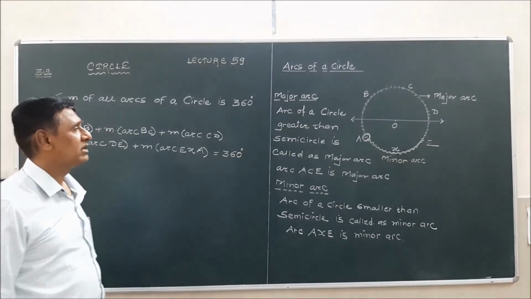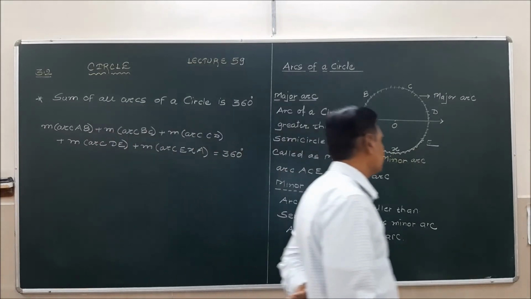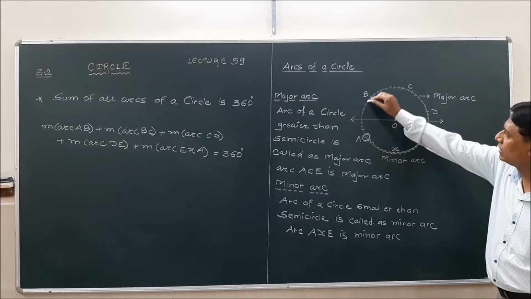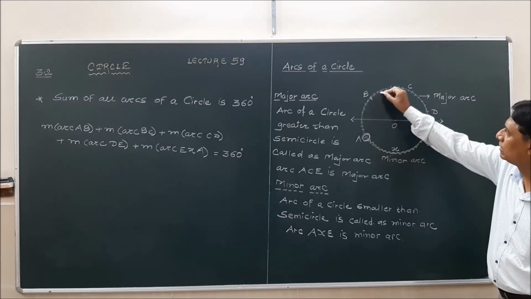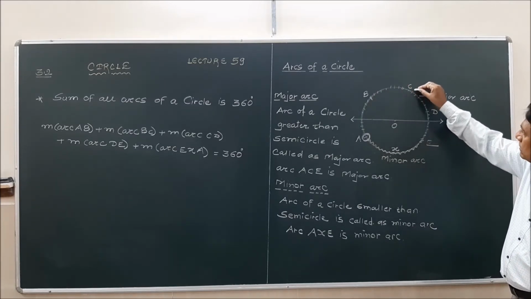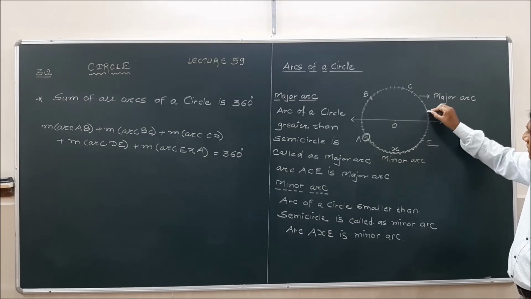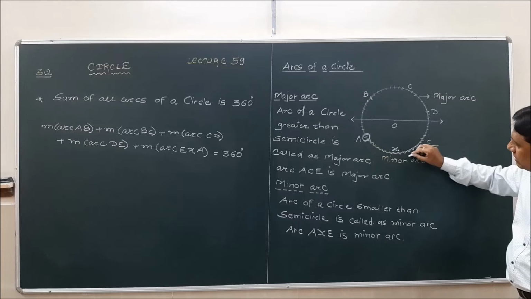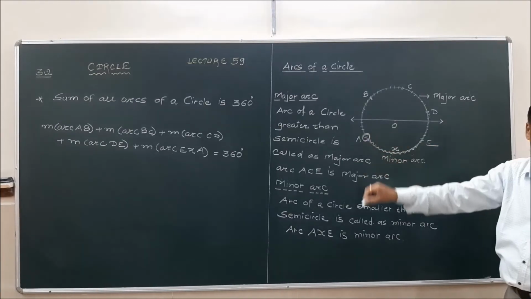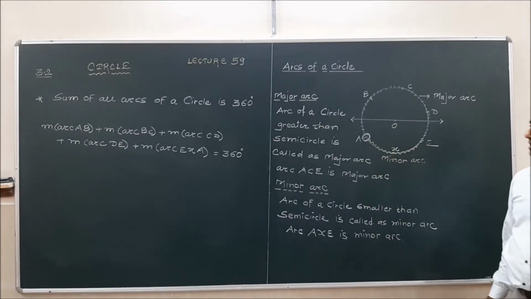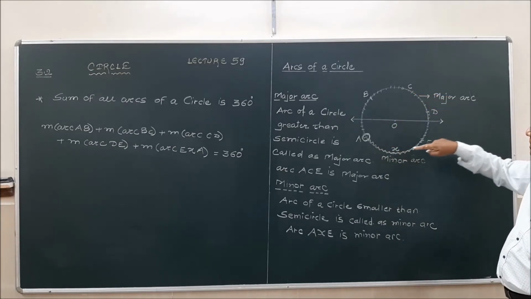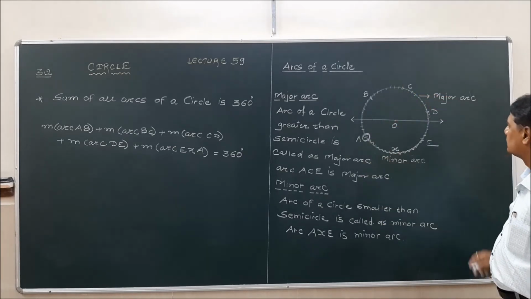I begin from point A and I reach point A again. AB plus BC plus CD plus DE plus EXA, and I reach again at point A. So the sum of all these arcs is always 360.